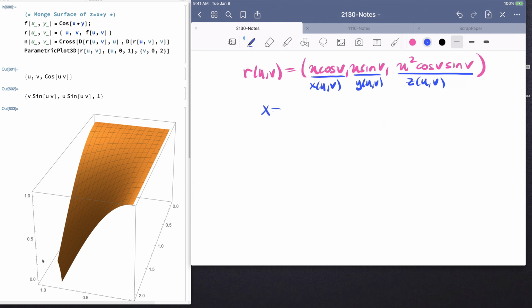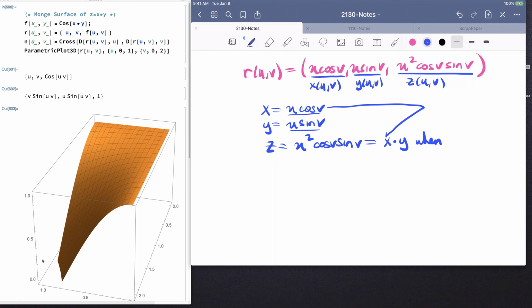So what we're seeing here is x is equal to u cosine of v, y is equal to u sine of v, and z is equal to u squared cosine of v sine of v, which if you're looking at these terms here, you can see is probably coming from the fact that u squared cosine of v sine of v is the same thing as x multiplied by y, when x is equal to u cosine of v and y is equal to u sine of v. So that's where this formula comes from.